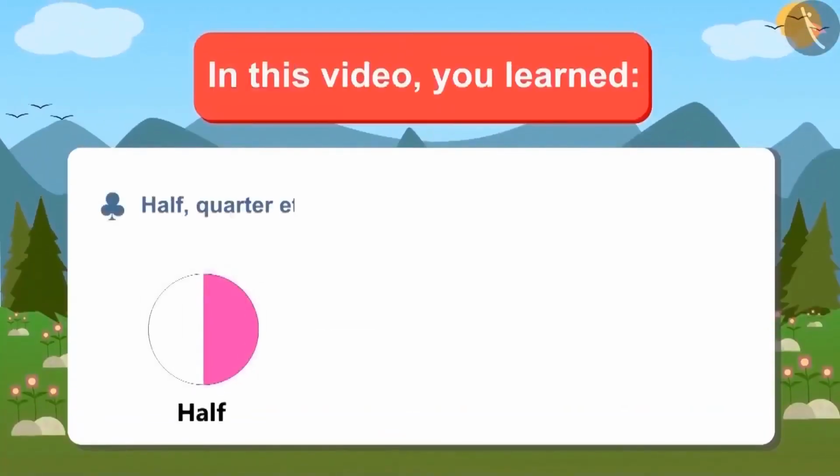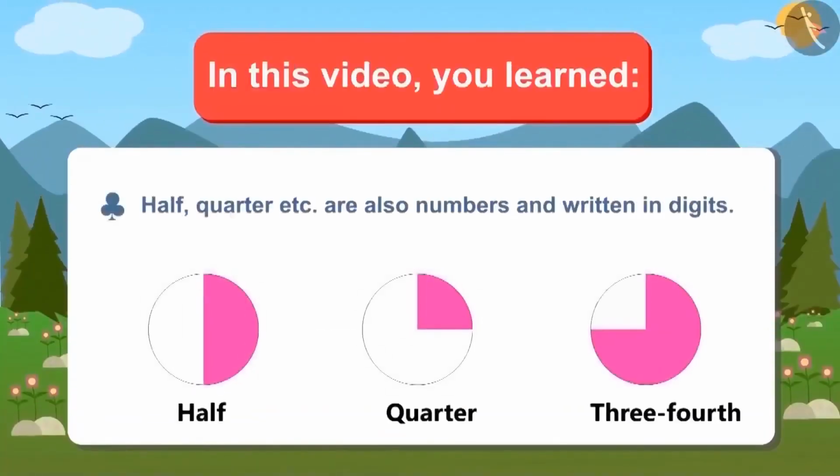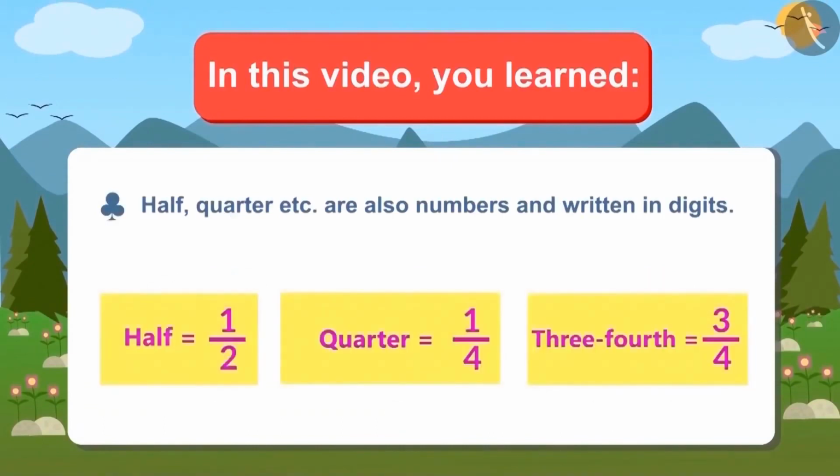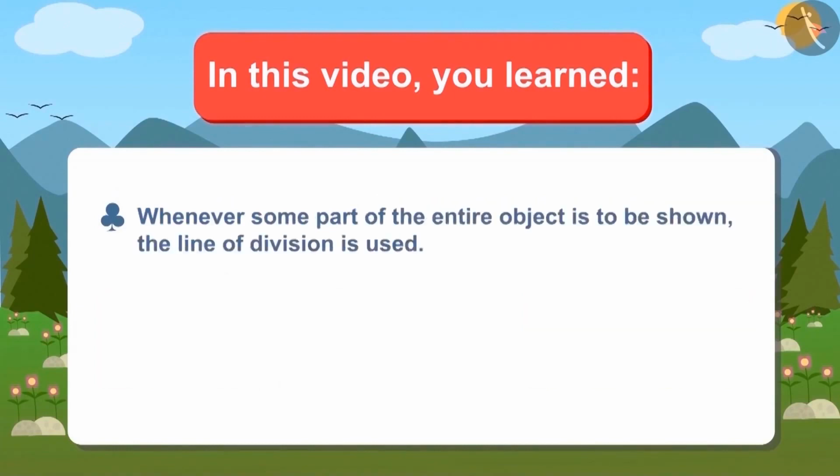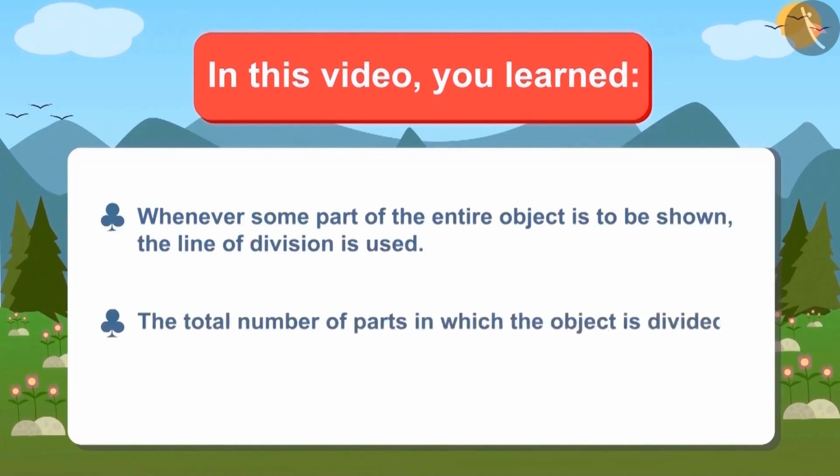In this video, we have learned that half, quarter, etc. are also numbers and they can be written in digits. And whenever some part of the entire object is to be shown, then the line of division is used. The total number of parts in which the object is divided is written under the line.